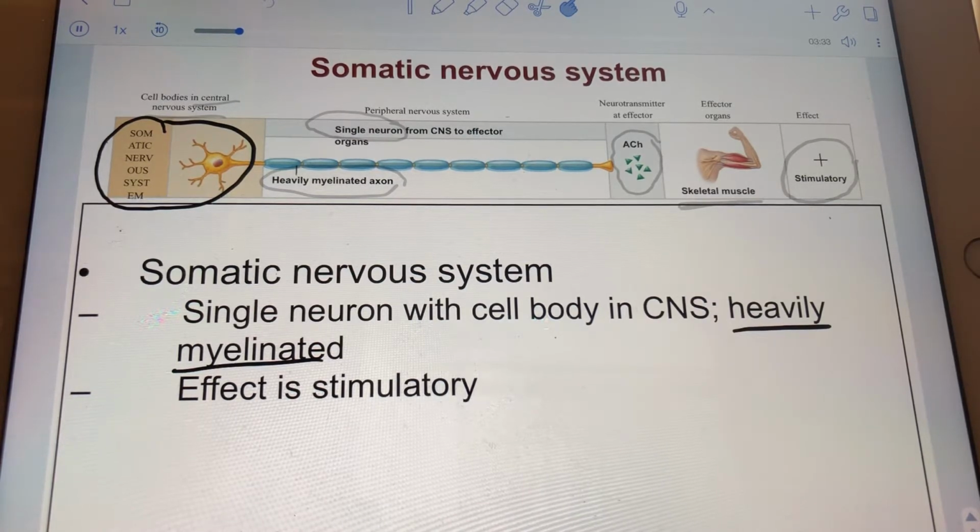The effect of the somatic nervous system, or really the effect of this neuron, is always strictly stimulatory, okay?